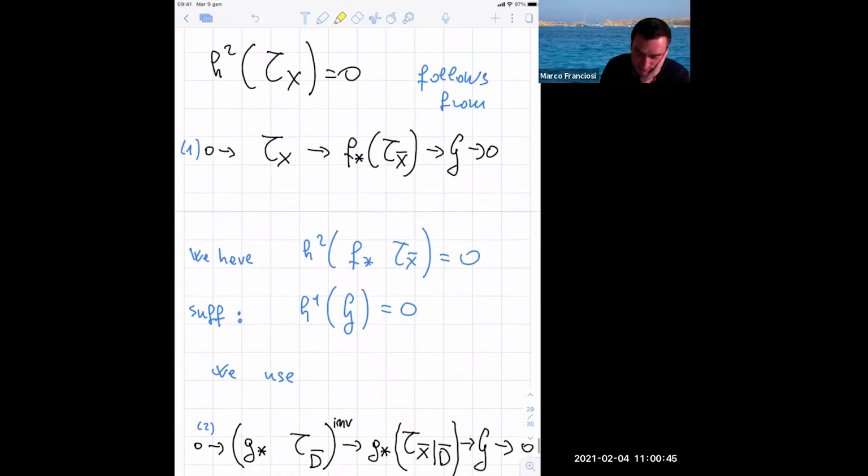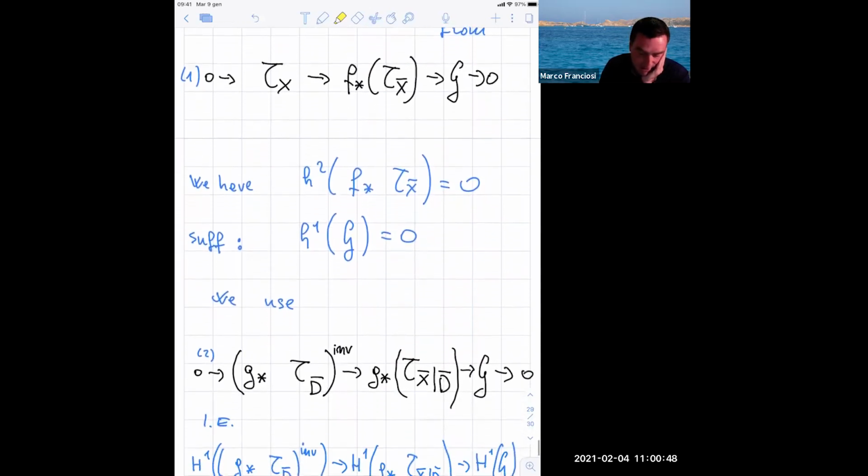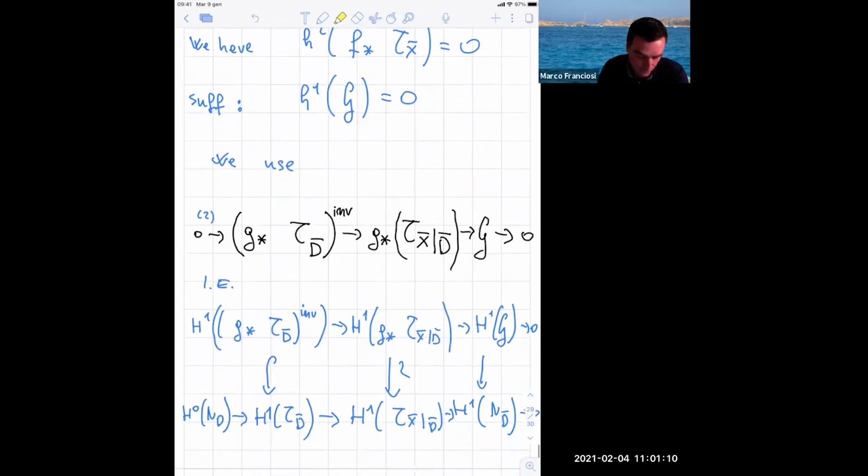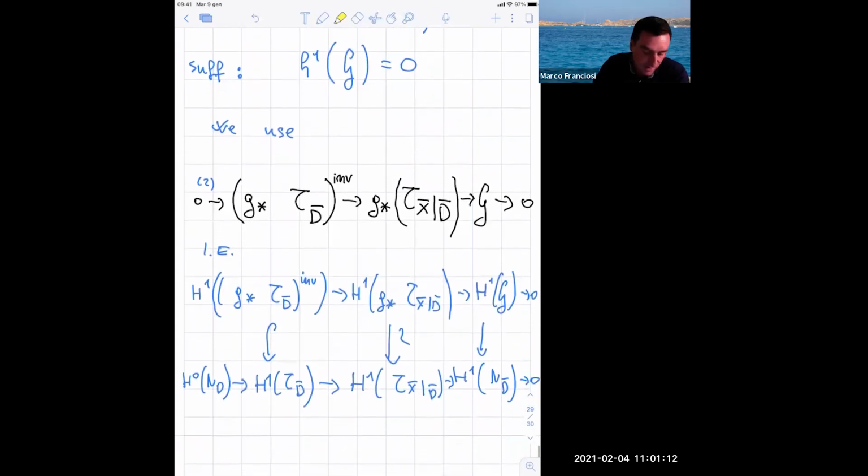And we consider with this aim the second exact sequence, which means that we have G lower star of the tangent sheaf to D bar, invariant part, and G lower star of the restriction of the global tangent sheaf of X bar to D bar into G. And we take cohomology, and we have this exact sequence and this isomorphism.